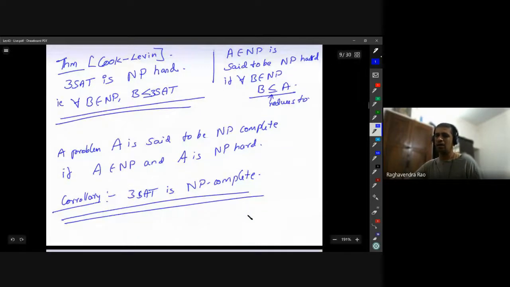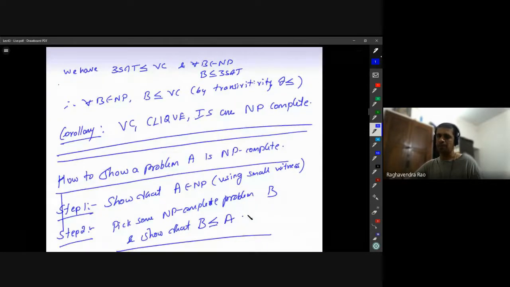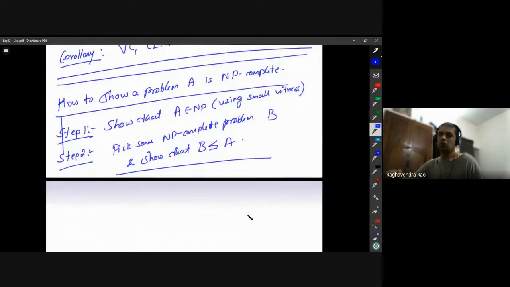All three are NP complete because of this property. So to show that a given problem is NP complete, all you need to do is show that it's in NP, and then pick a suitable NP complete problem and show that it reduces to A. I'm going to conclude this lecture with one example reduction. Two examples are given as exercises, where you choose an instance of satisfiability or something else and show that it reduces to the given problem.